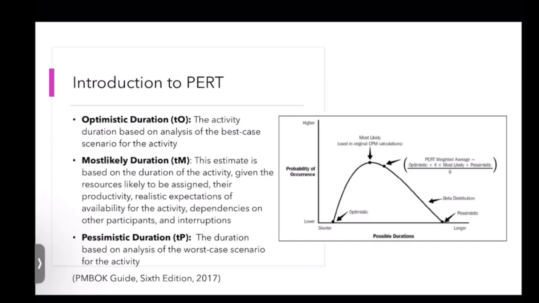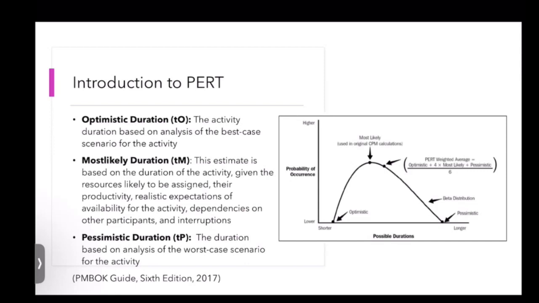It is the best case scenario for the activity. A pessimistic duration is an estimate assuming that almost everything involved in performance of the work goes poorly, which means it is in a low productivity.